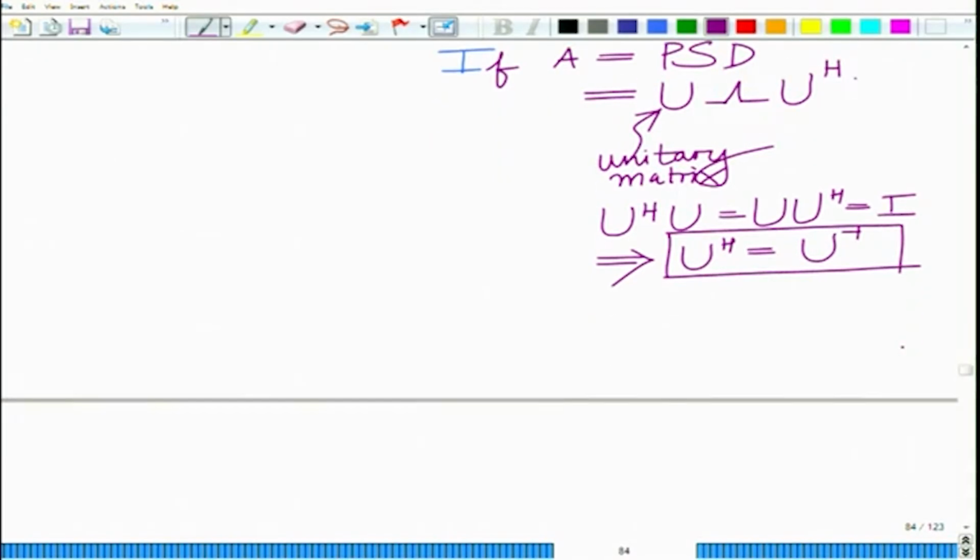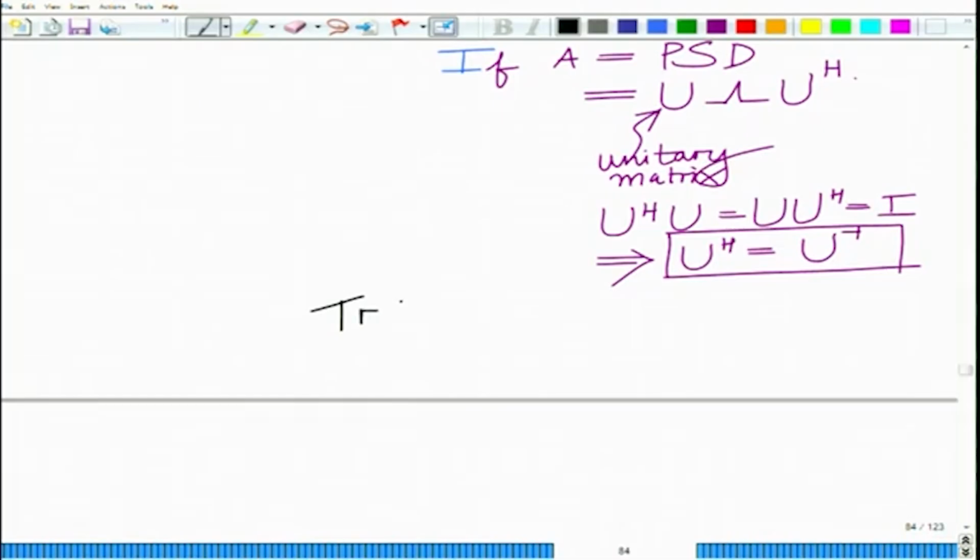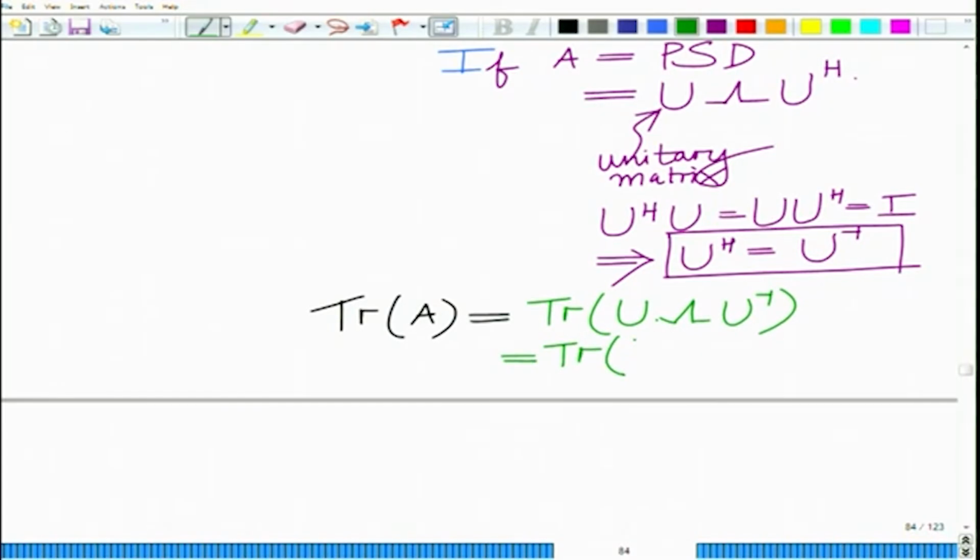Okay. But we can show the above property, that the trace of matrix A equals the sum of its eigenvalues, for any general matrix A, and that is as follows. If you consider the trace of A, you use the eigenvalue decomposition, and now you replace it with the trace of U lambda U inverse. Now, we know that the trace of AB equals the trace of BA, that is, you can interchange the order of the product of the matrices in the trace.